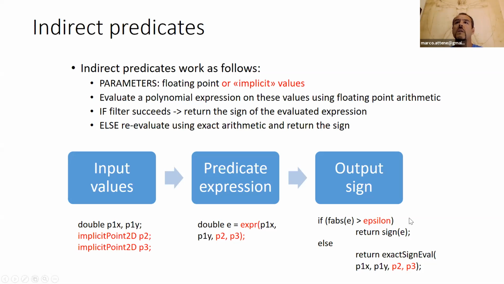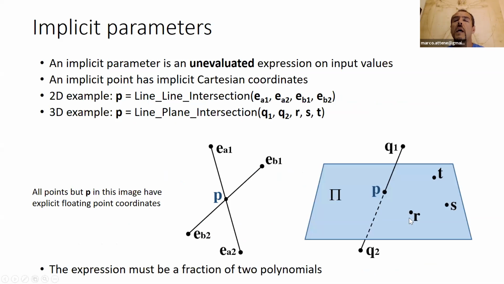So let's see what these implicit parameters are. An implicit parameter is an unevaluated expression on input values. So if a point has implicit coordinates, we call it an implicit point. For example, an implicit point can be at the intersection of two lines. So here, all these guys here are floating point numbers, but this point here is just implicitly represented.